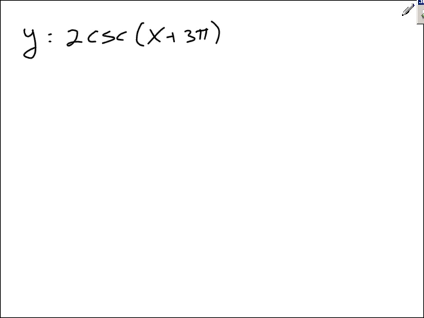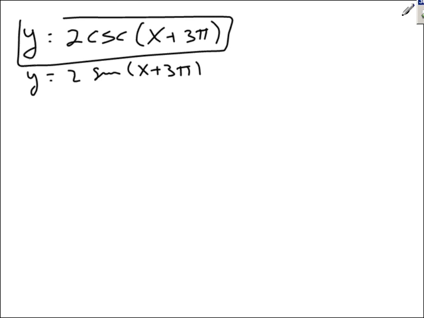Suppose you were asked to graph this. Well, what you should graph is y is equal to 2 sine of x plus 3 pi. You're asked to graph this, but you should say, I'm going to graph y equals 2 sine of x plus 3 pi.